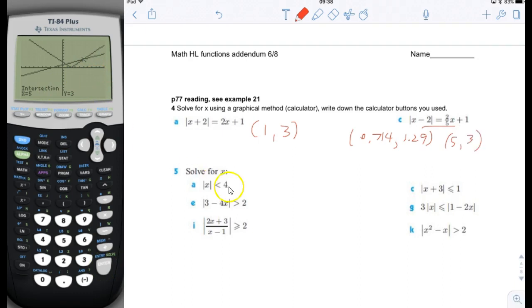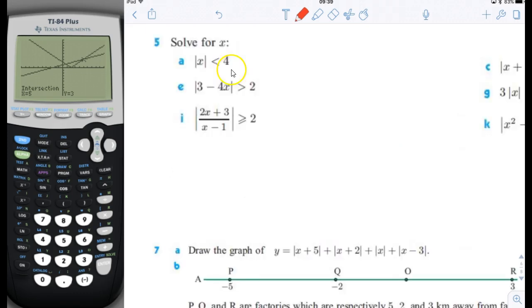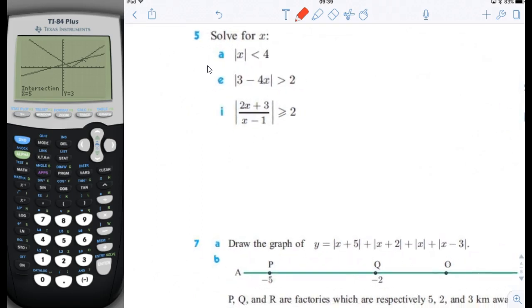Okay, now these others we're just going to do by hand. First, remember that if you have absolute value of x less than 4, then that's the same thing as x less than 4 in the case that x is greater than 0.